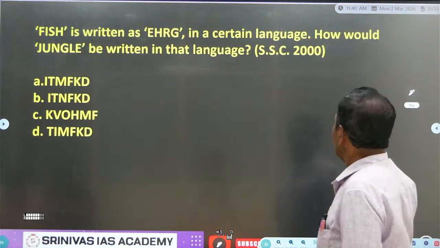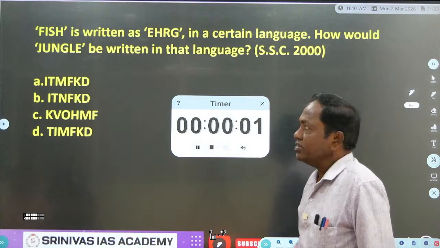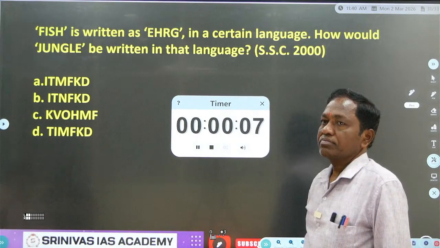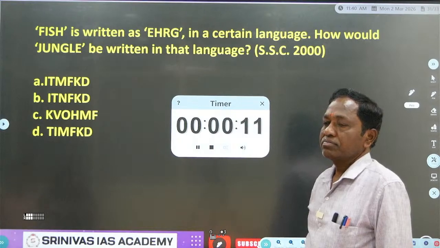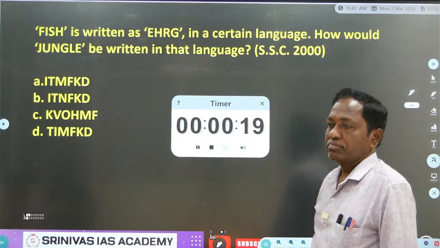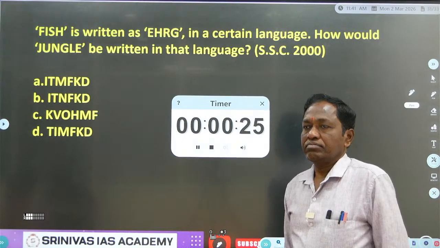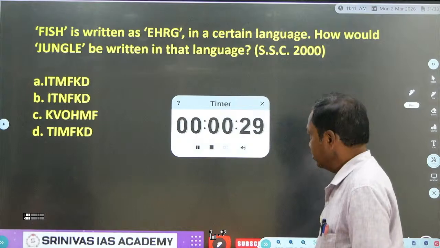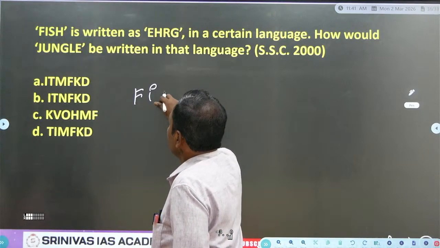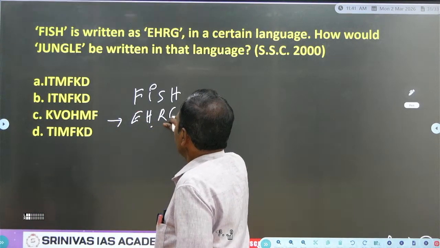Now FISH is written as GHRG in a certain code.